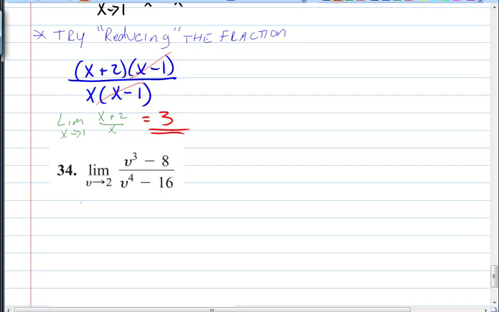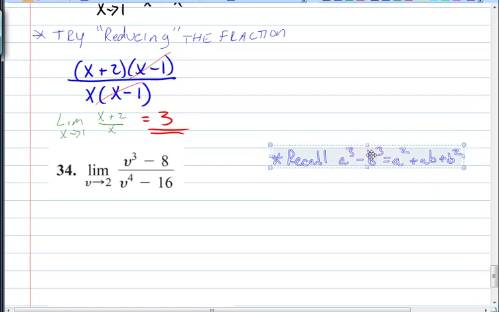Do you remember how to factor the difference of 2 cubes? Recall, if you have a cubed minus b cubed, that's going to be equal to a squared plus ab plus b squared times a minus b. I need to move this over some.